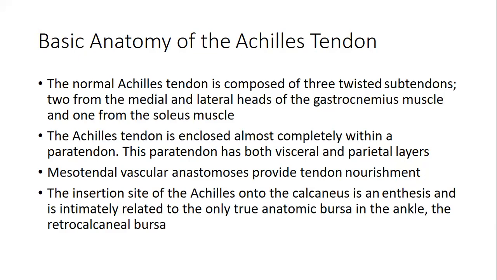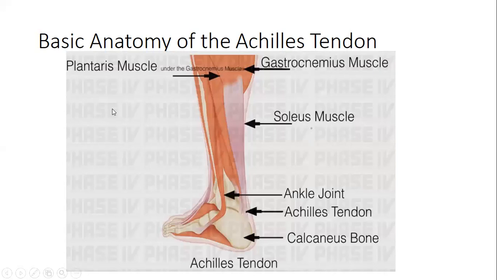So the normal Achilles tendon is composed of 3 twisted subtendons, 2 from the medial and lateral heads of the gastrocnemius muscle and 1 from the soleus muscle. So this is the medial gastrocnemius and this is the lateral gastrocnemius muscle. Then we have the soleus muscle here. So our Achilles tendon will originate from there, going down to join with the calcaneus bone.